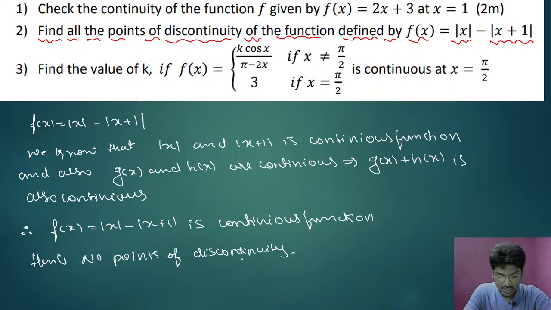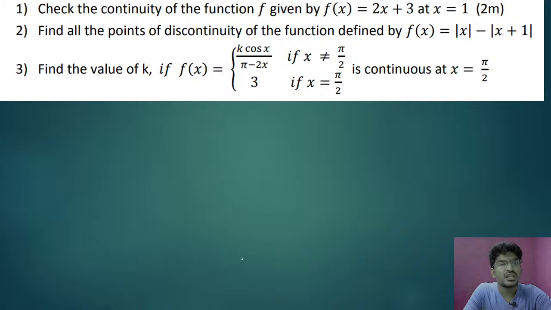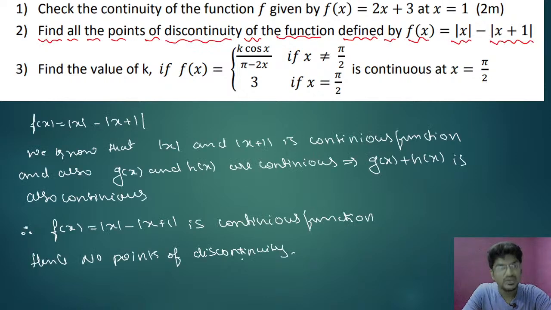Okay. So now we can continue with the third problem. You can see the first and second problems are very easy. The second problem is even easier than the first problem. You must just know that mod x and mod of x plus 1 are continuous functions. If those two are continuous, then we also know that whenever g of x and h of x are continuous, the sum of those two functions is also continuous.